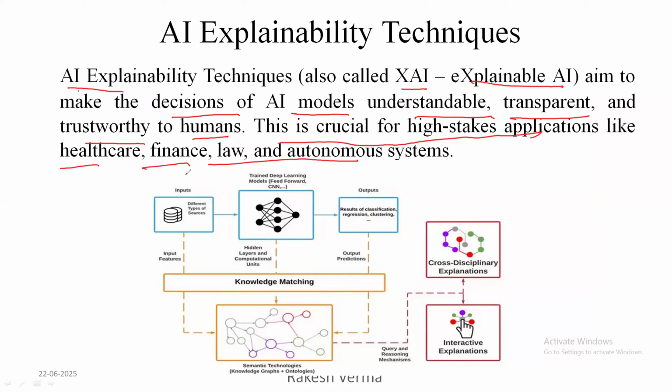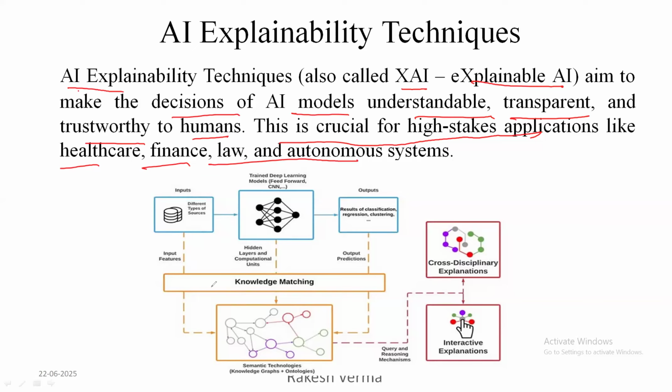So what does it basically do? It takes some set of input features, and performs training of deep learning models like a convolutional neural network or any other model depending on the type of problem or input. Hidden layers and computational units are there, then result in classification, regression, clustering, or any other output prediction.